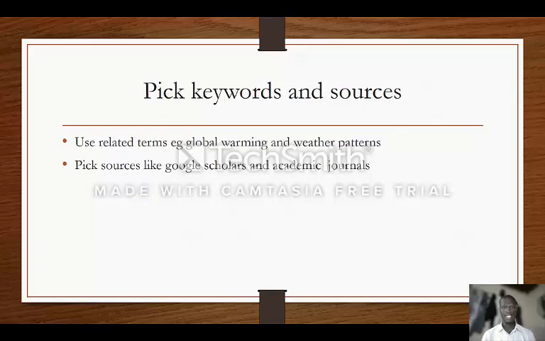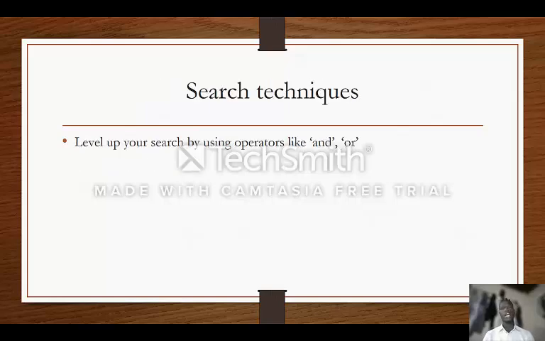Pick keywords and sources. Use related terms, e.g., global warming and other weather patterns. Take sources like global scholars and academic journals and so on. That is what we mean by pick sources. We go to the next slide.